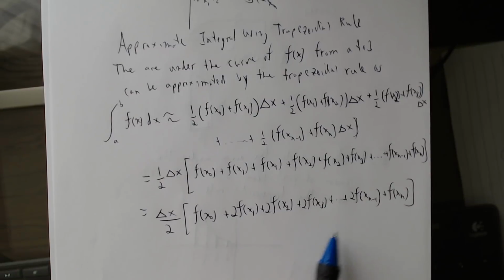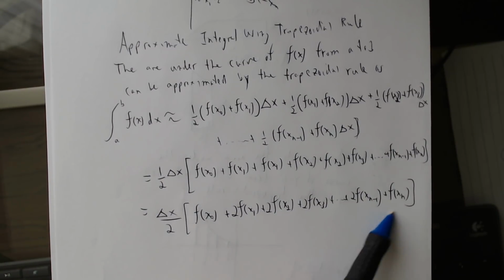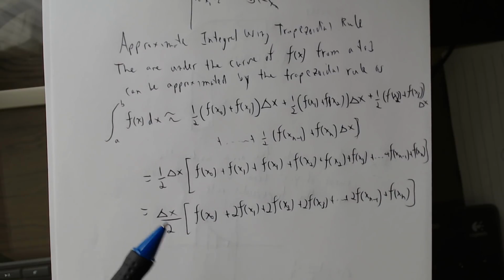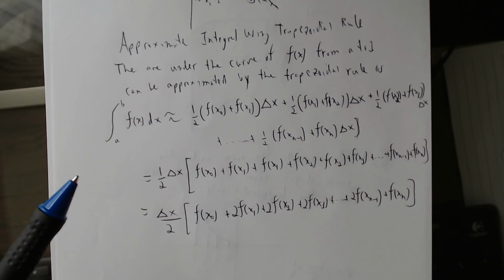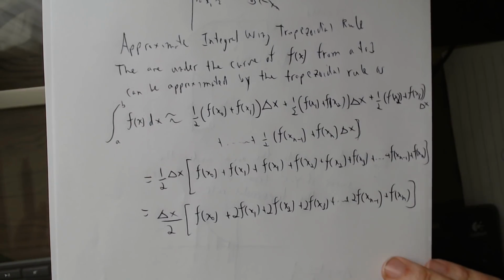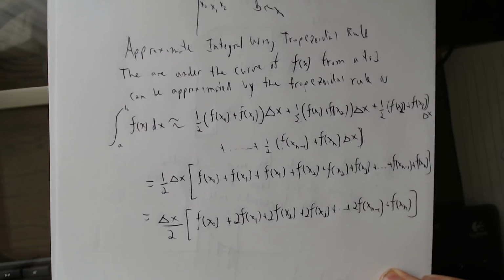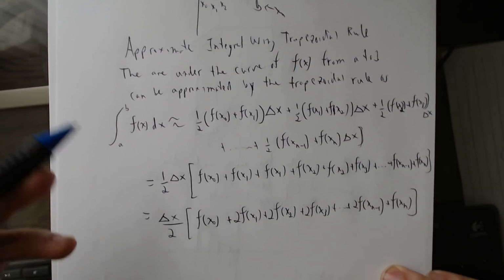And see, this is basically the formula for finding the area of the first n, or the n number of trapezoids, which, if you remember, we did this in example 1, the only example that we did. But this is basically the sum of the first n trapezoids. So that's basically what we use.